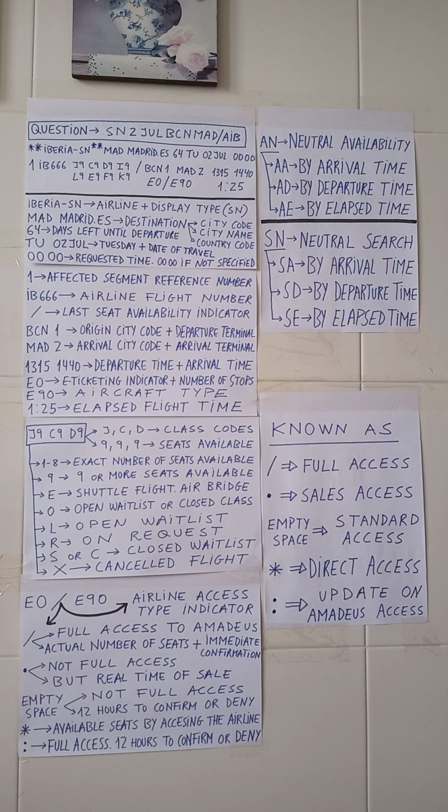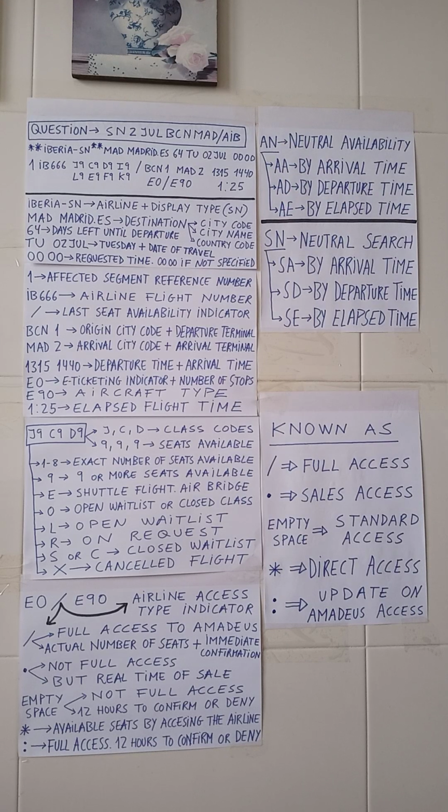We also see that within AN we can organize the available flights according to the time of arrival, with AA, according to departure time with AD, and according to the duration of the flight with AE.